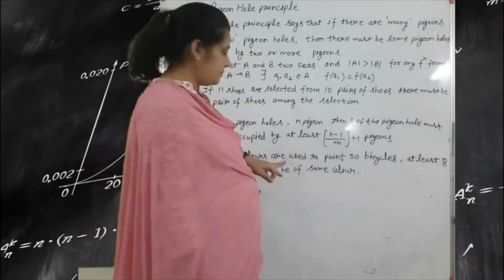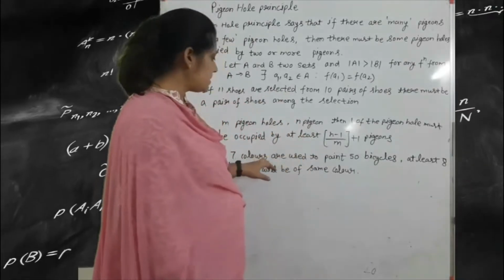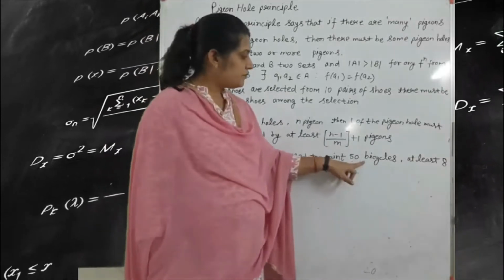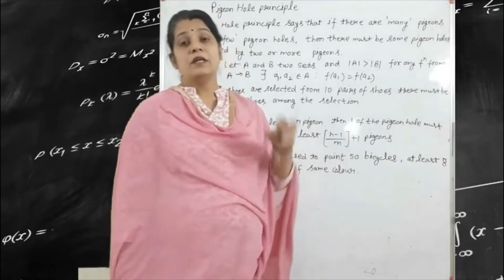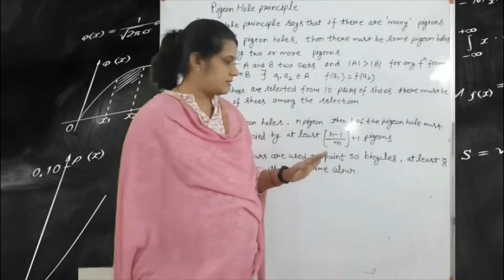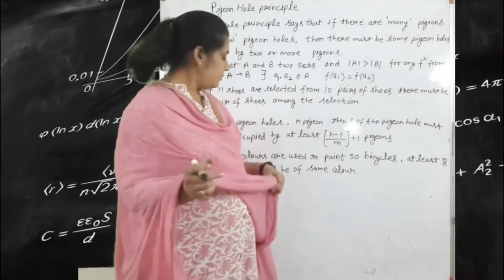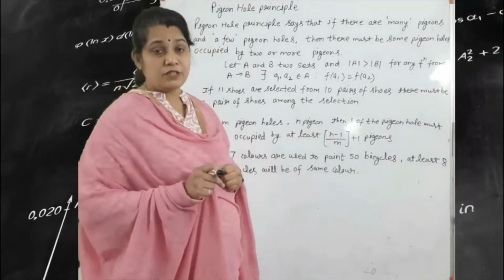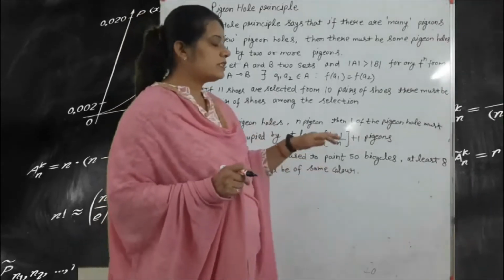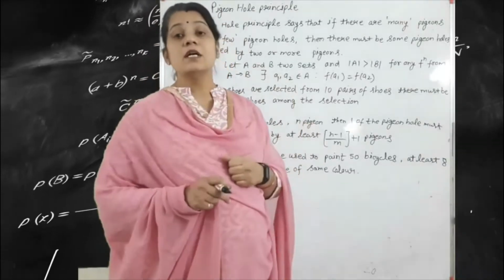This is the example: if 7 colors are used to paint 50 bicycles, then at least 8 bicycles will be of the same color. We solve this question and find out that at least 8 bicycles will be of the same color.